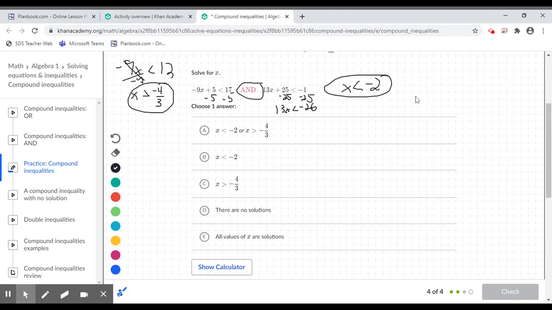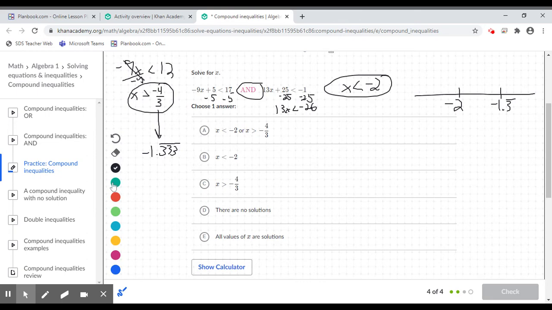Now let's sketch this out on a number line. Negative 4/3 is really like negative 1.333 repeating. Negative 2 is on the left side of that.